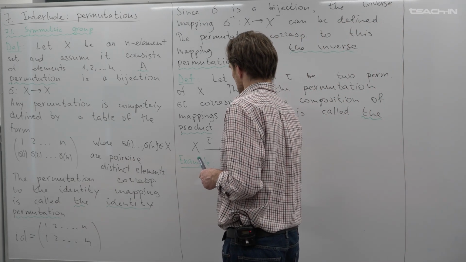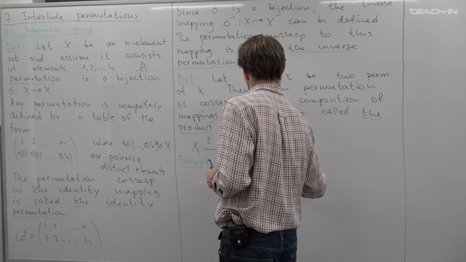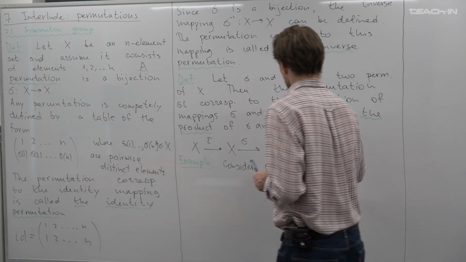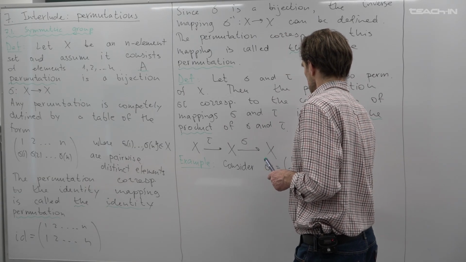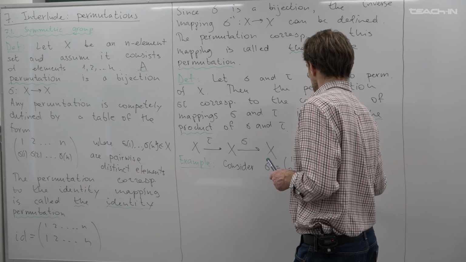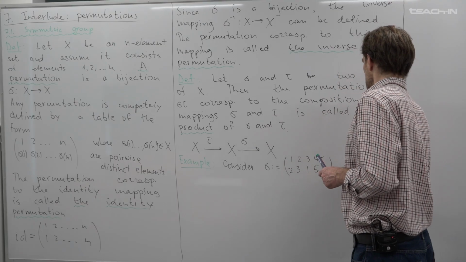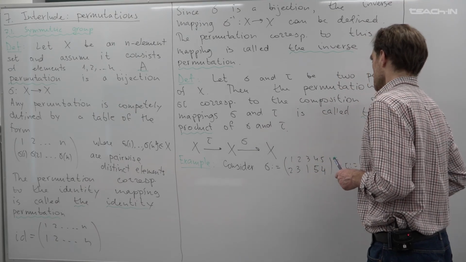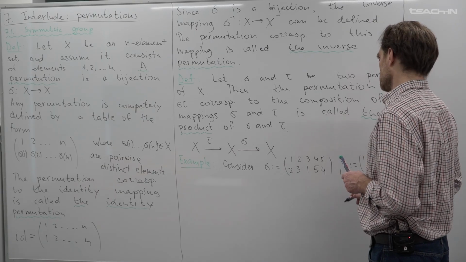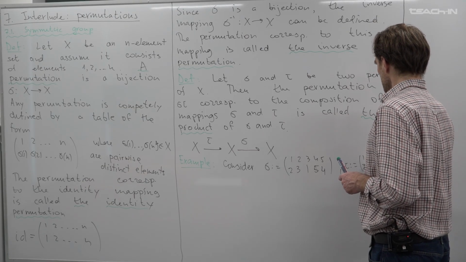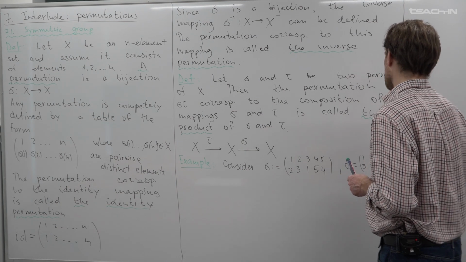So consider sigma, which is a permutation of the 5-element set, for example, 2, 3, 1, 5, 4, and tau is a permutation 1, 2, 3, 4, 5 over 3, 2, 4, 5, 1.